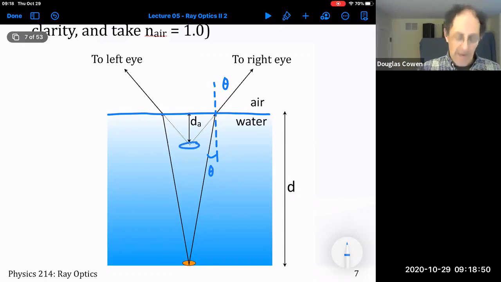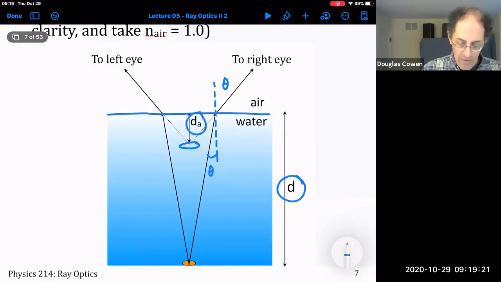So that's not where the coin actually is. The coin is actually out the bottom of the water here. But because the light bends due to refraction in this particular predetermined and deterministic way as it goes from the water to the air, it will appear as though the coin is actually in the location drawn, at a depth d sub a, where a stands for apparent, rather than this depth d.